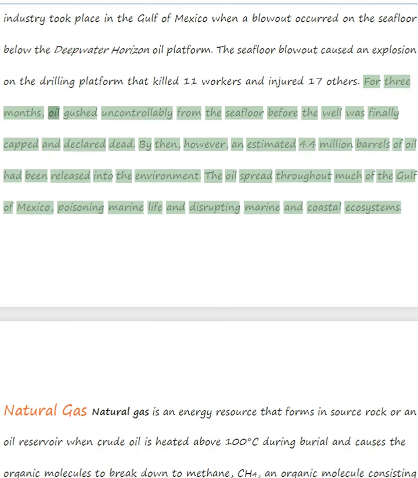For 3 months, oil gushed uncontrollably from the seafloor before the well was finally capped and declared dead. By then, however, an estimated 4.4 million barrels of oil had been released into the environment. The oil spread throughout much of the Gulf of Mexico, poisoning marine life and disrupting marine and coastal ecosystems.